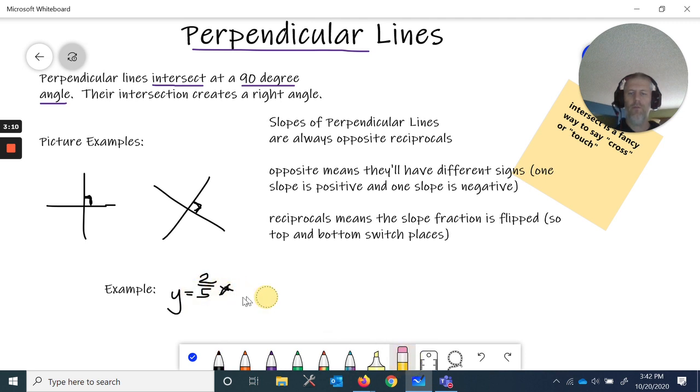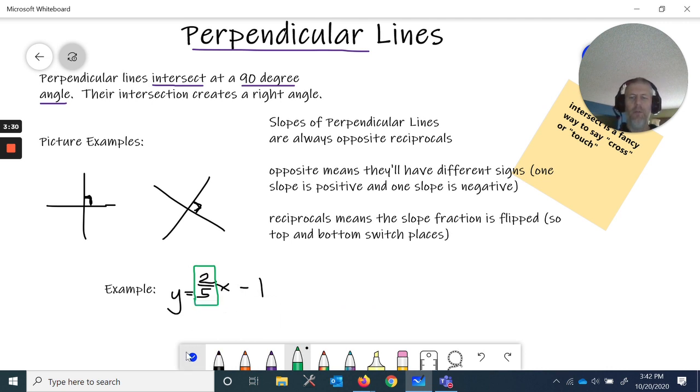Wow, my x is really bad. Let's try that again. That's better. 2/5 x minus 1. And so my slope here is 2/5. Remember, slope does not include the x. The x just tells us where to look to find the slope. So we have y equals 2/5 x minus 1.